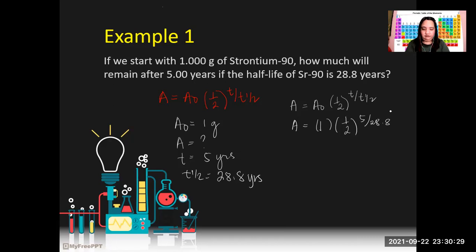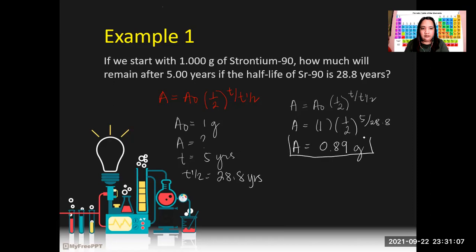It's just 1/2 raised to 5 over 28.8. The answer that I'm getting is 0.886. As agreed, we'll be rounding off our answers to the nearest 2 decimal places, so I'll round it off to 0.89. And that will be in grams.